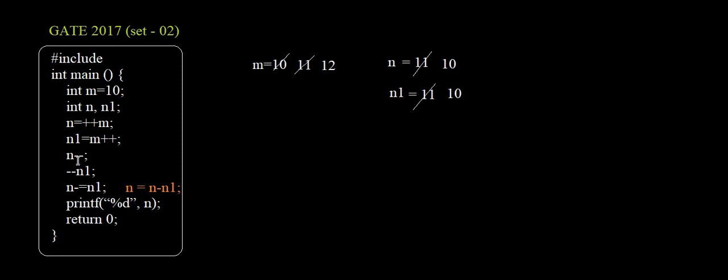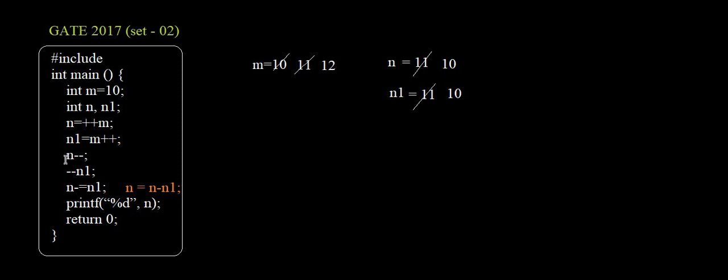So what is the difference between this n-- and --n1? See, first thing you need to understand, this is a post decrement, because it is minus minus. It would have been plus plus, then you could say that it is post increment, but here it is post decrement. And what about this one? It is a pre decrement of n1.